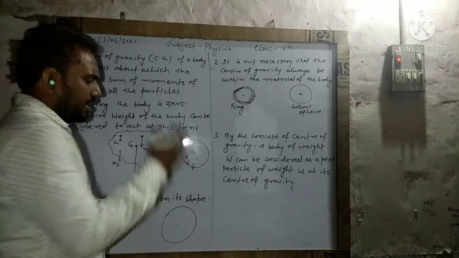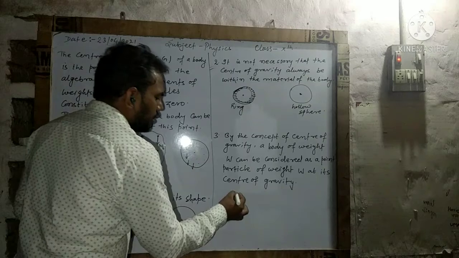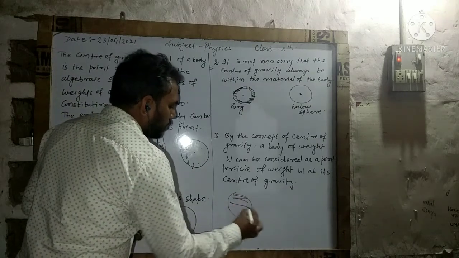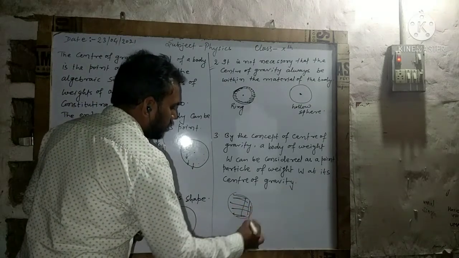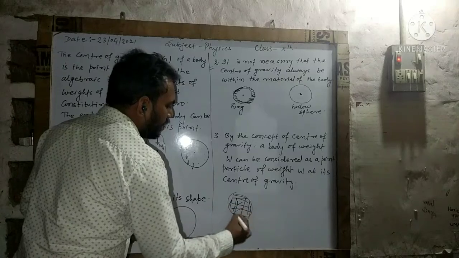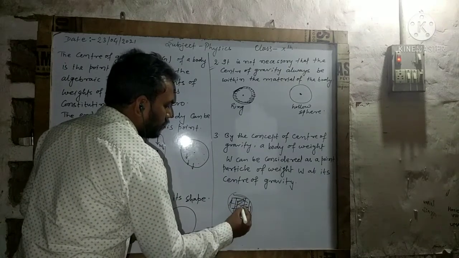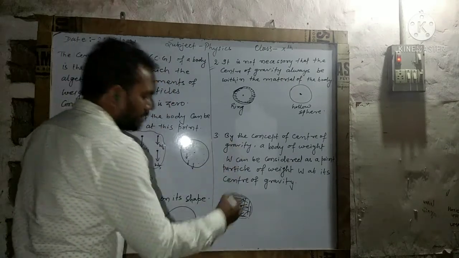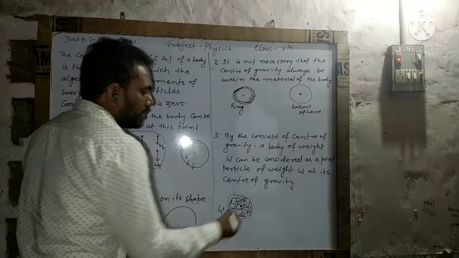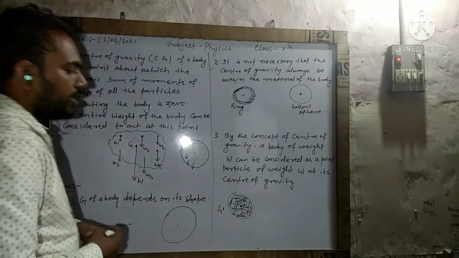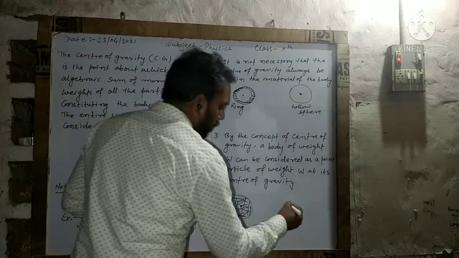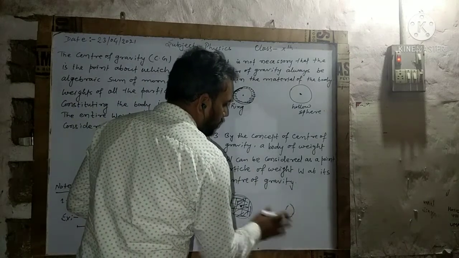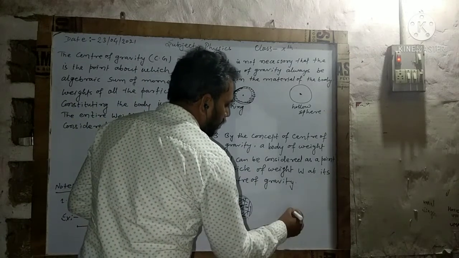For example, if there is some solid body and it has a weight W. By replacing this body, we simply put a point, and we consider the weight W at that point.